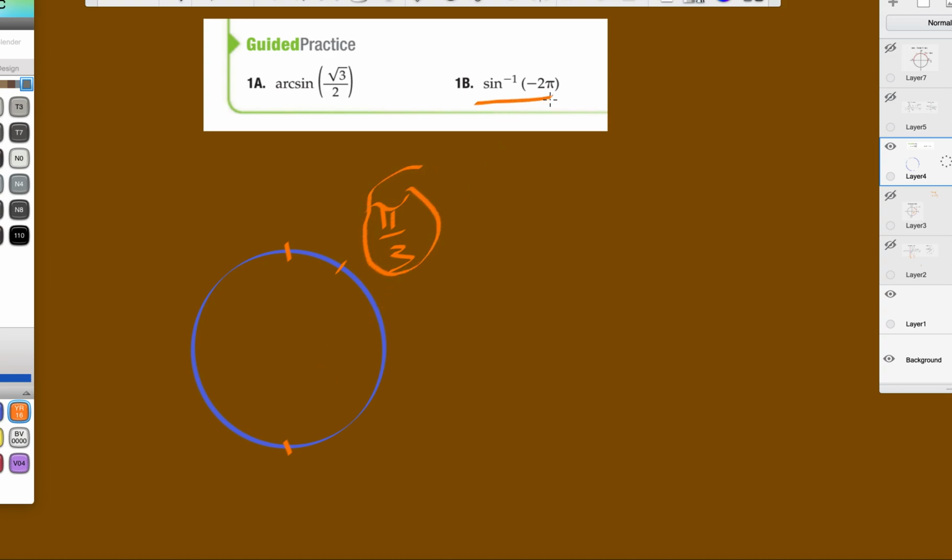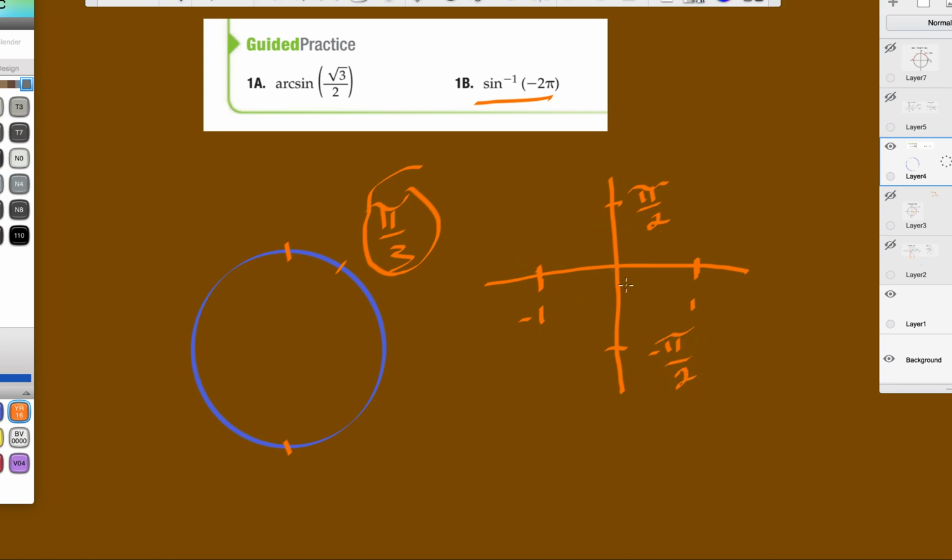Well, let's look at this one right here. How am I able to go negative 2 pi when I'm restricted? Remember, we're restricted to 1 and negative 1, and we're restricted to pi over 2 and negative pi over 2 when we're talking about our inverse function.